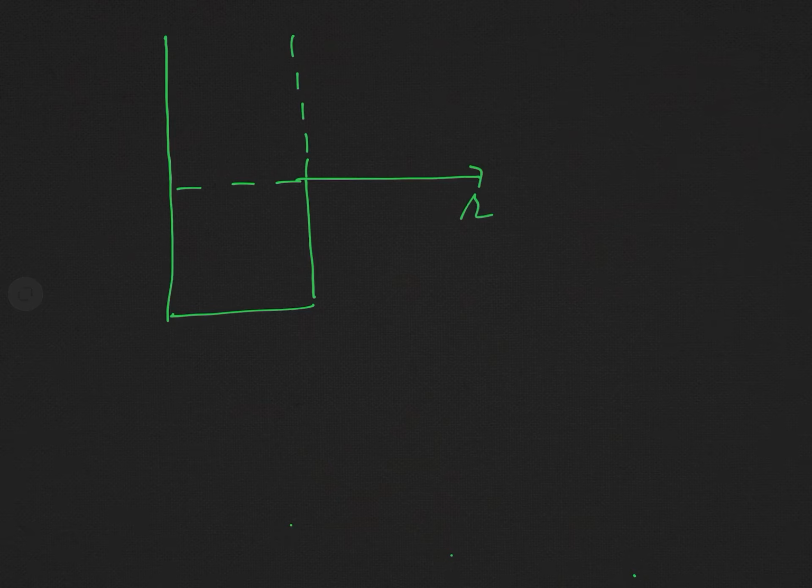Let us see. I am taking r on the horizontal axis and the function u of r on the vertical axis. Actually, this is a potential well, and here this point is r equal to r naught. It means this is the range of the nuclear force, and this is the width of this potential well.